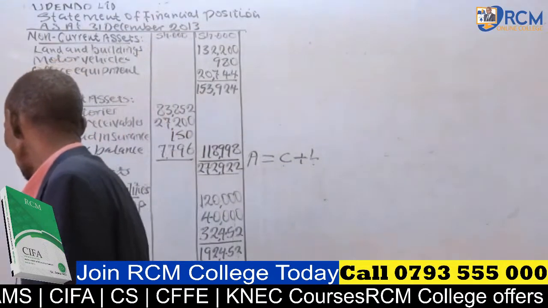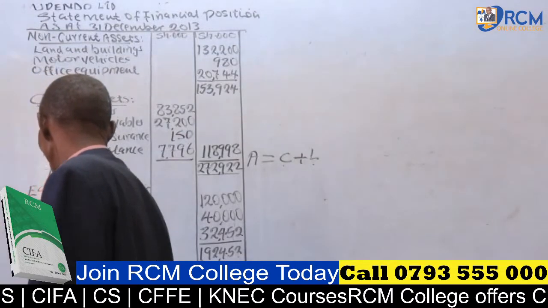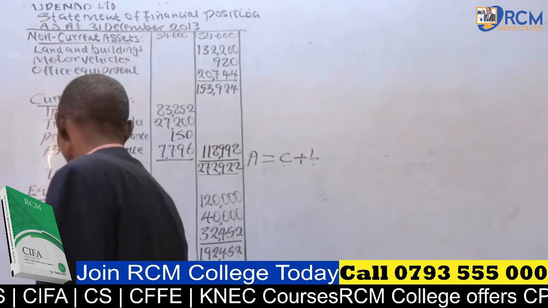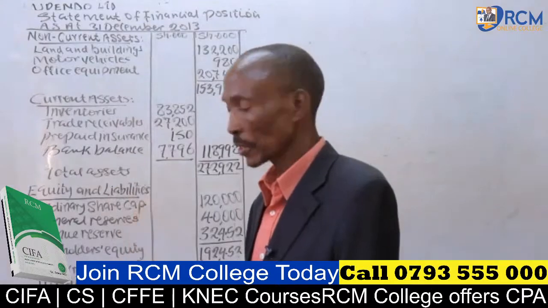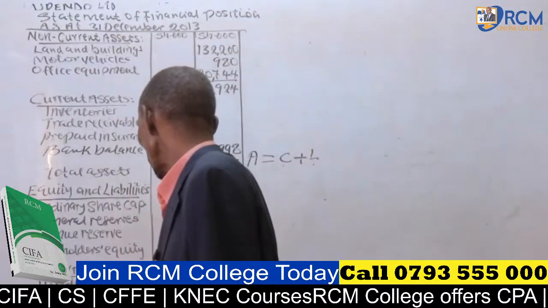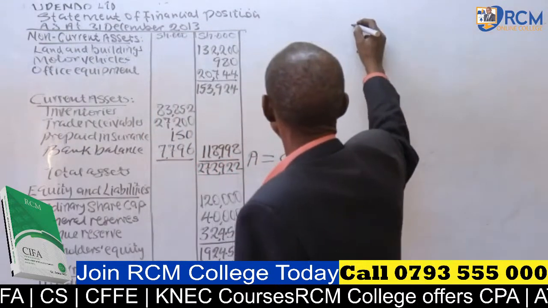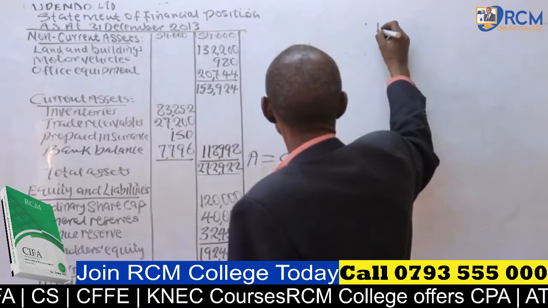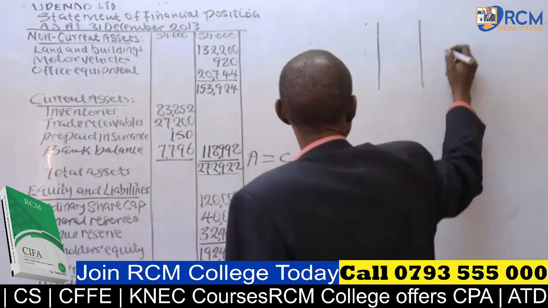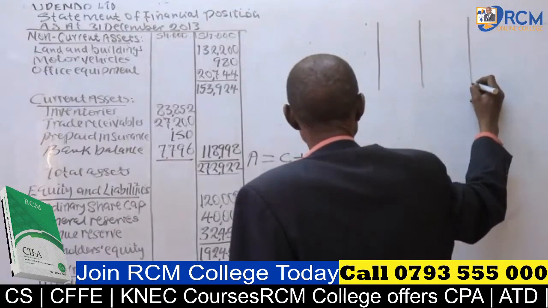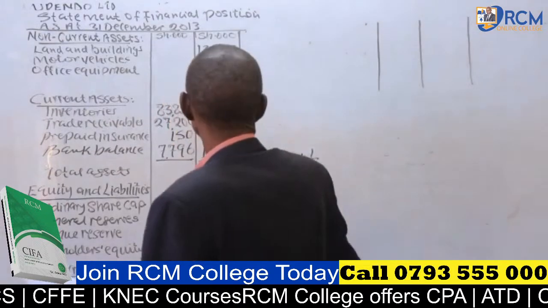We have 10% debentures. The amount which is given on the 10% debentures, the principal sum that we borrowed, that was 16 million. The other one, this is a continuation. We have the 8%.